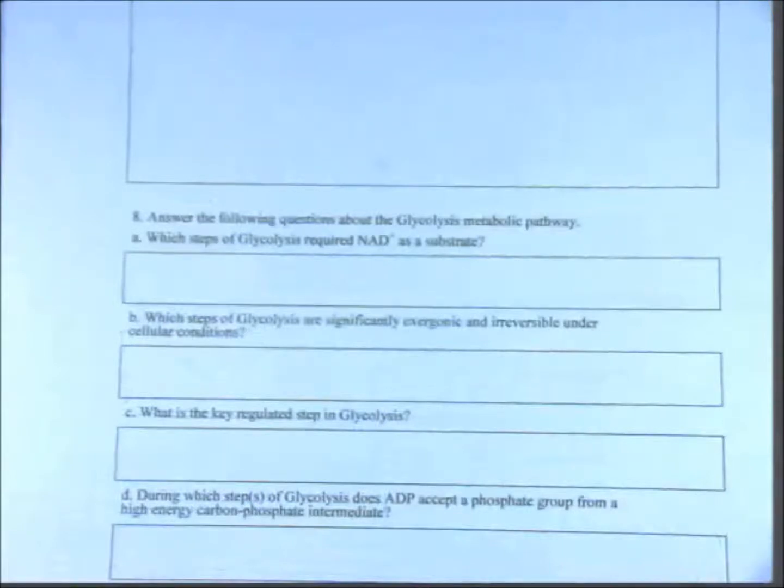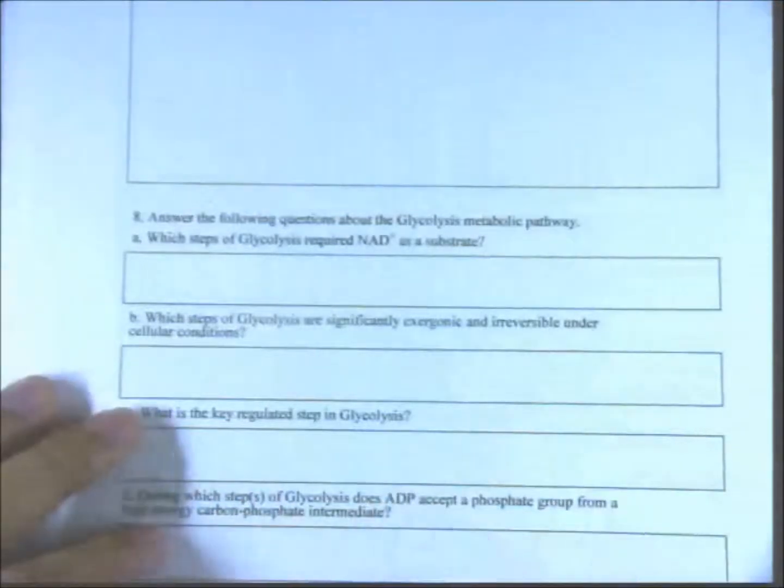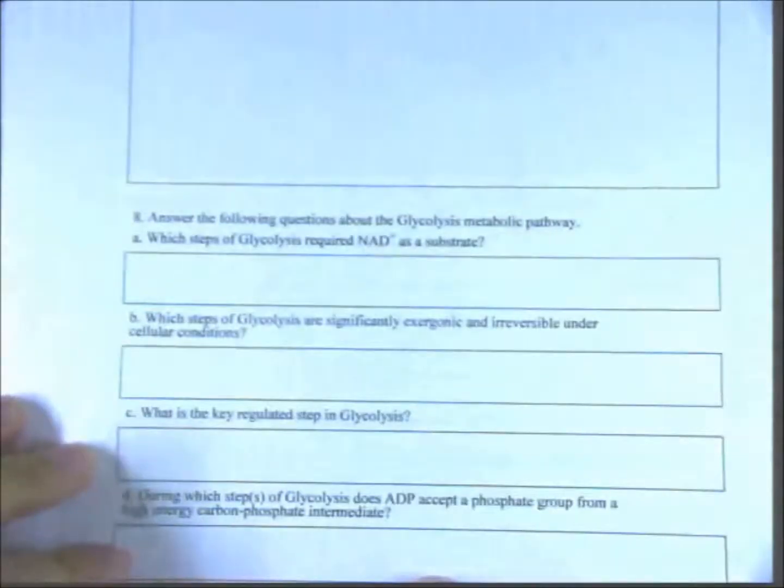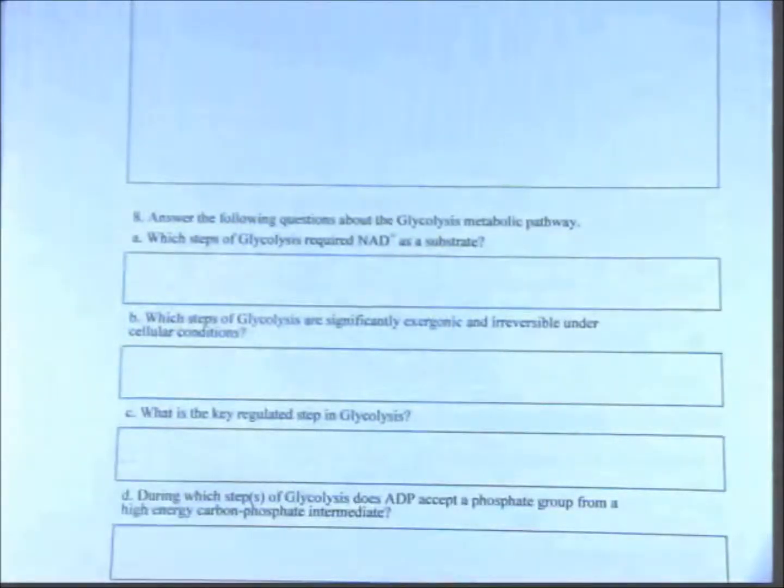Okay. This first set of questions, for this glycolysis portion of it, is mostly memorization. So if you've memorized glycolysis, these should be pretty easy things to know. Usually what you need for glycolysis is the intermediates, the enzymes, and the structures of the intermediates.